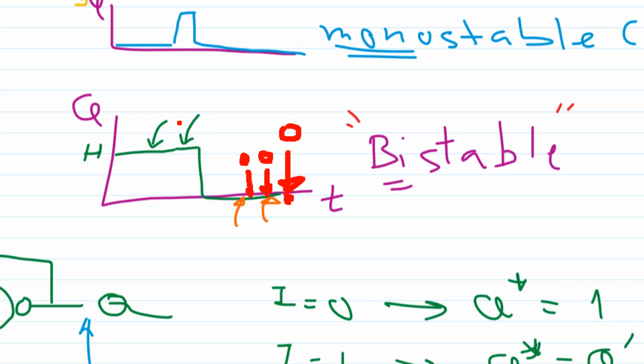Or if you know that at this point of time it is 1 and the circuit is bistable, that means you know that at the previous point of time, the value of Q was also 1. That means the circuit has memory, right? It can memorize the value from the past and keep the value to the present time.